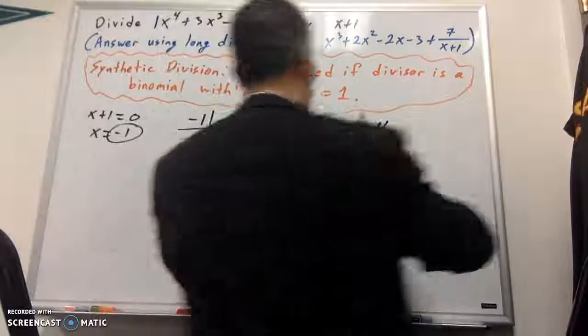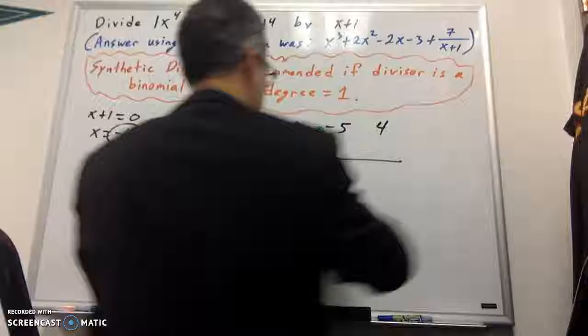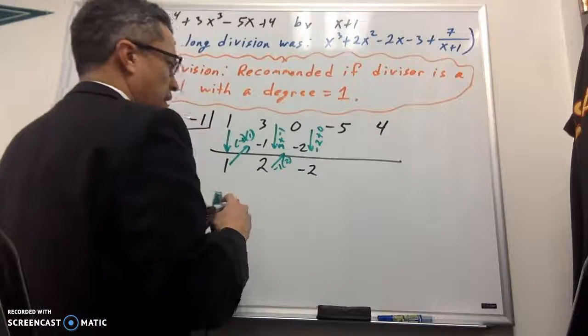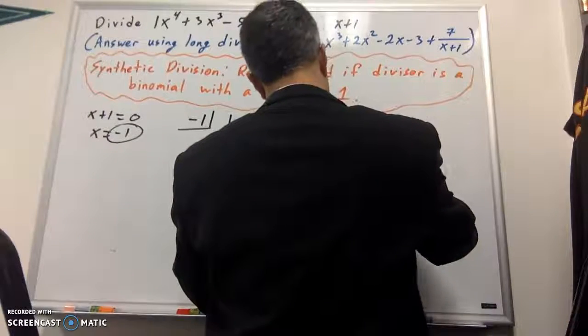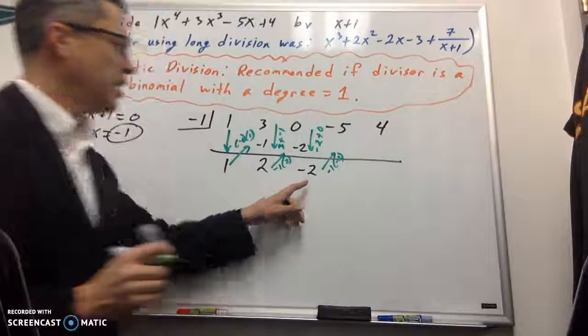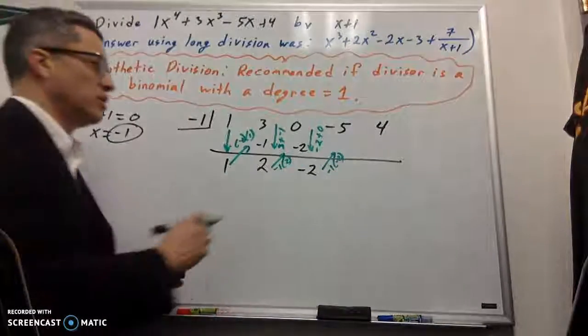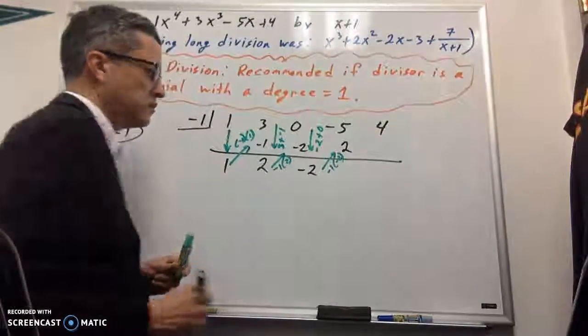Add down the vertical, so negative 2 plus 0, which is a negative 2. Negative 1 times a negative 2. Sorry, I know I'm standing right in front of the screen. Negative 1 times a negative 2 is a positive 2. I'm going to write that right here.